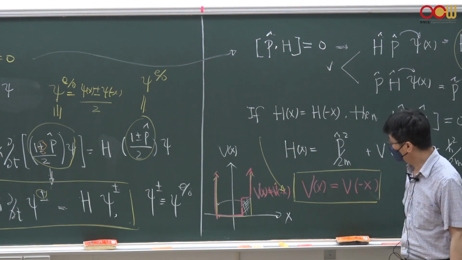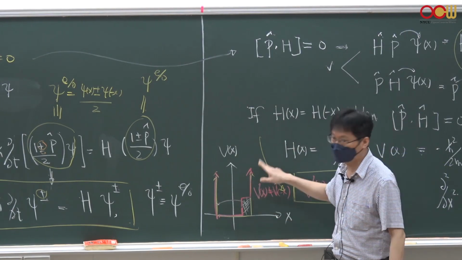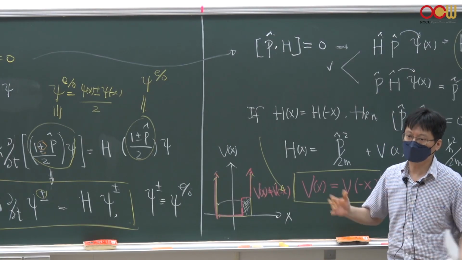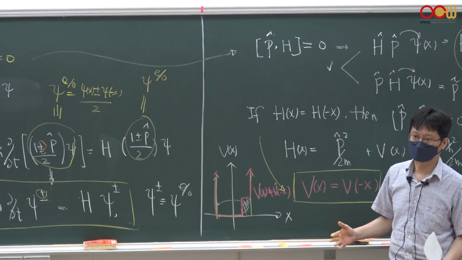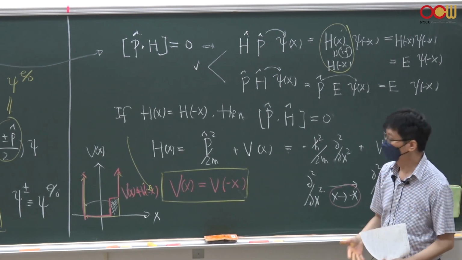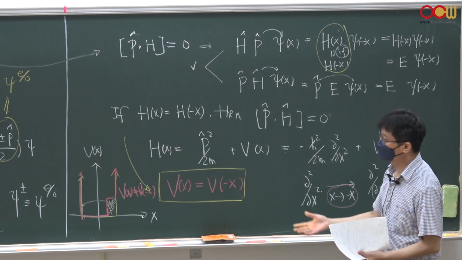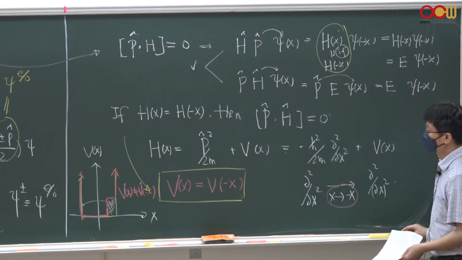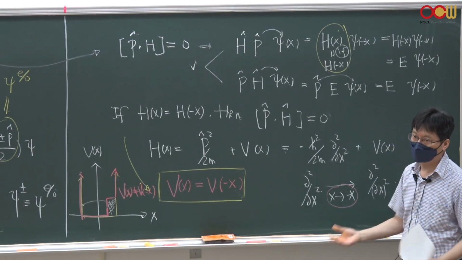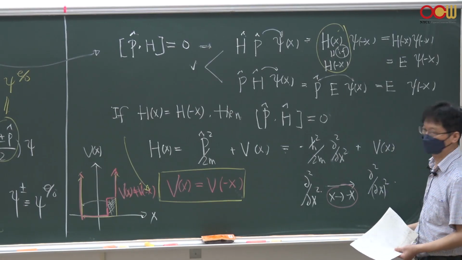In other words, if we don't have such a mirror symmetric potential, then the even and odd functions are not decoupled anymore. As time evolves, the even parity eigenstates would actually involve the odd, or the eigenstates are mixtures of even and odd symmetric functions.